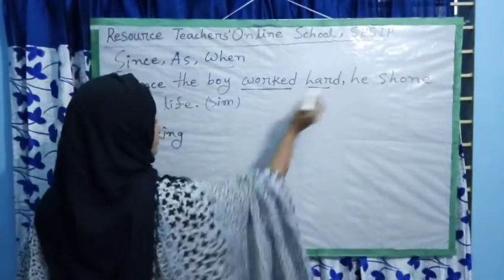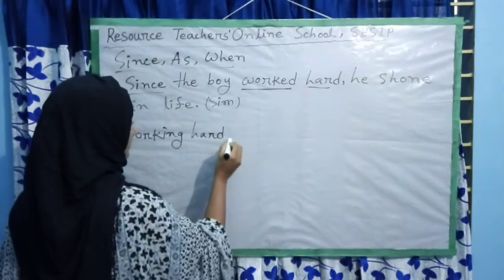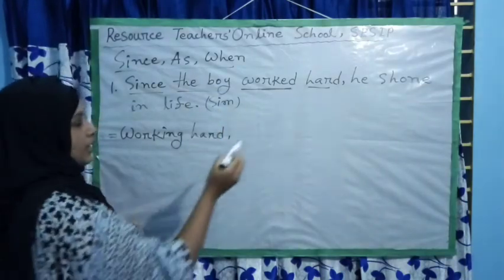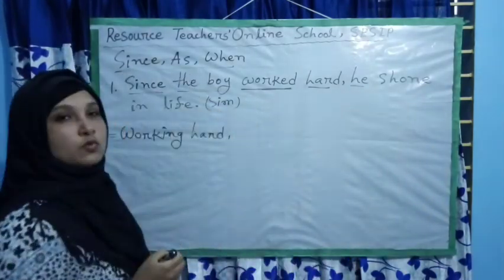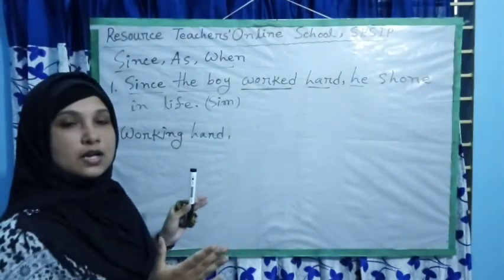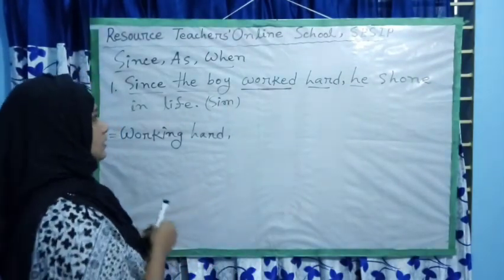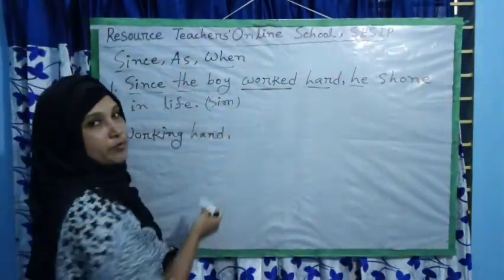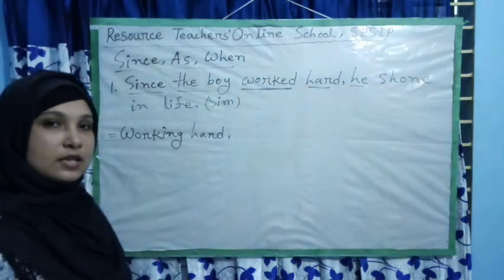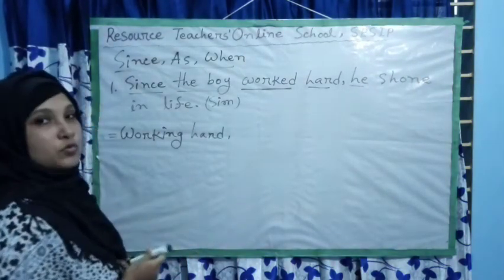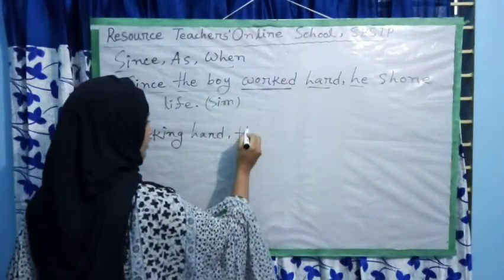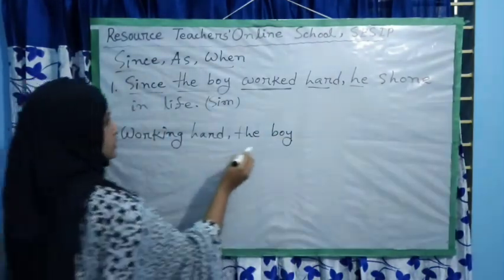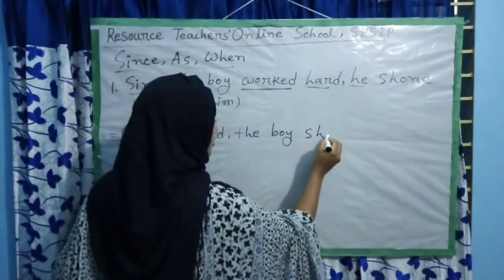Then the next word, working hard, comma. Notice, my students, the boy and he, the two subjects are same. He indicates the boy. So the boy and he is the same person. So now we write there the boy. Working hard, the boy shone in life.